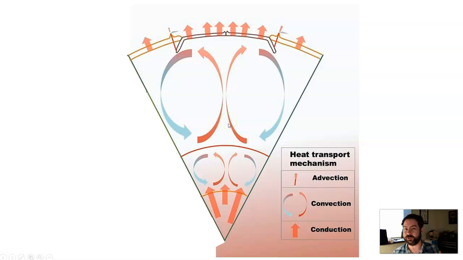So there's some movement to it, but it's more solid than anything. So that heat is being transferred up to the surface. That hot material is moving up. As it gets further away from the heat source, it cools down and sinks back down, creating these convection currents, convection cells. When that hot, sticky mantle material interacts with the plates, it just grabs onto them and moves them all around. And then that heat is transferred from the surface out into space.